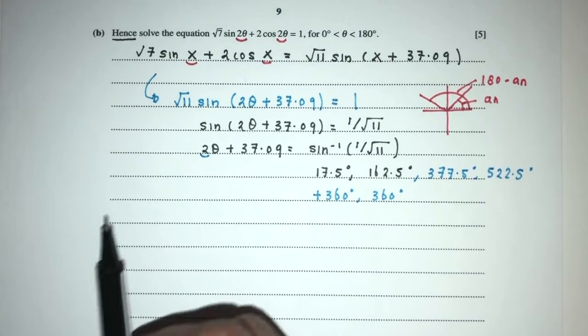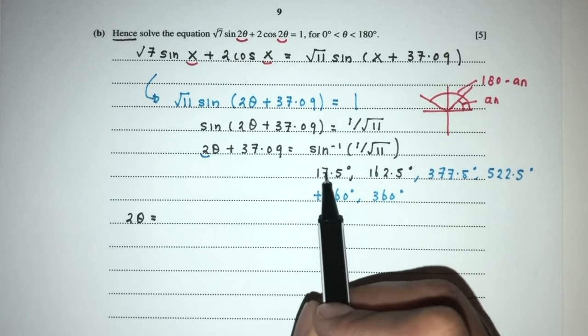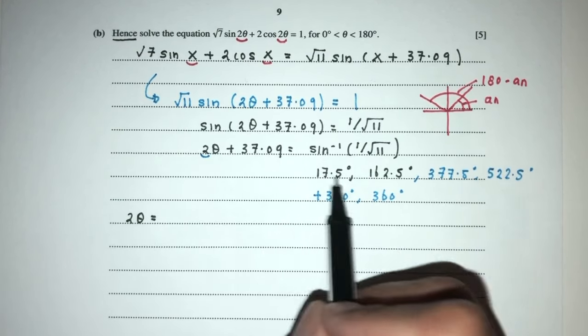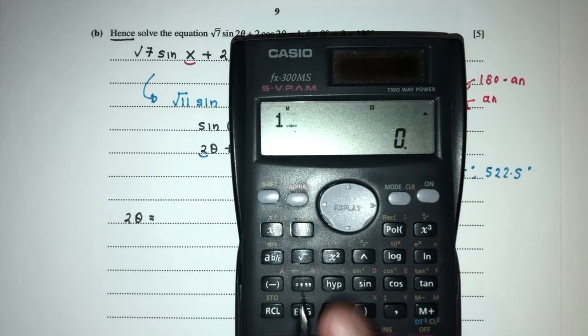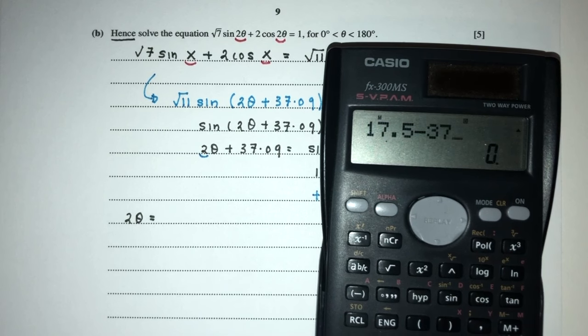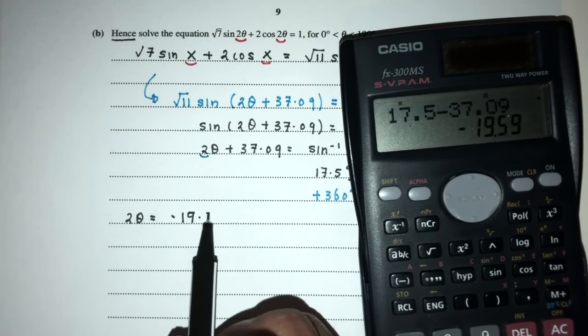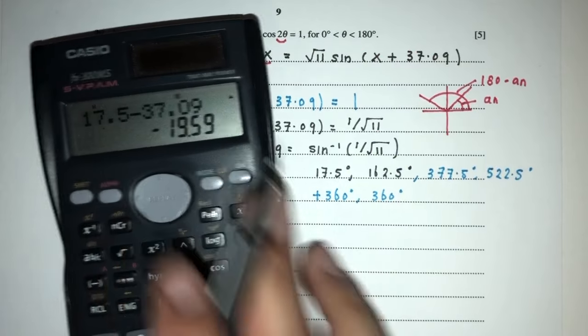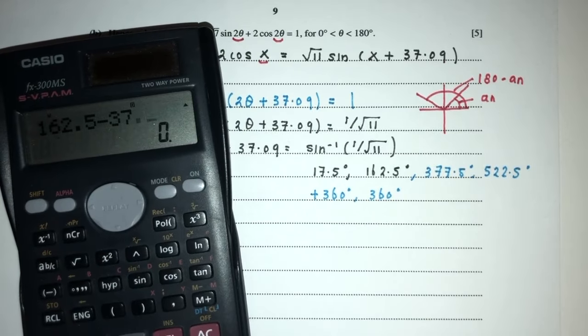So one by one, we have to first make 2 theta the subject. So we have to minus these values. So this minus this value, to make it become the subject. So 17.5 minus 37.09, that should give you minus 19.59. Next will be 162.5 minus 37.09.